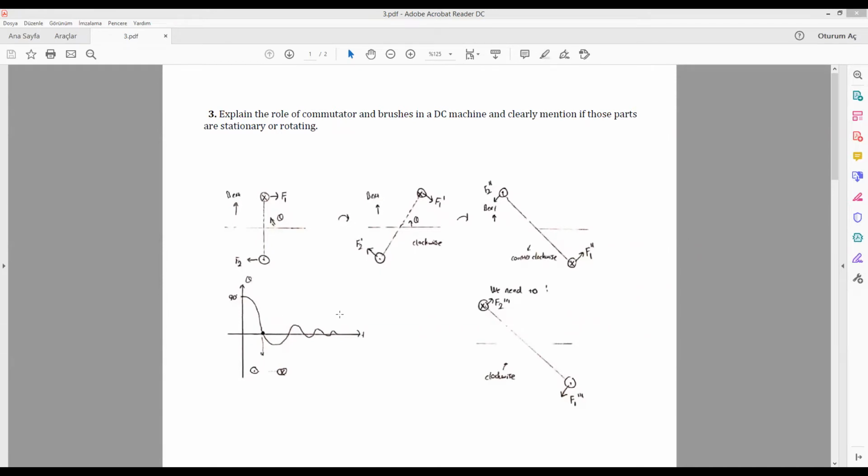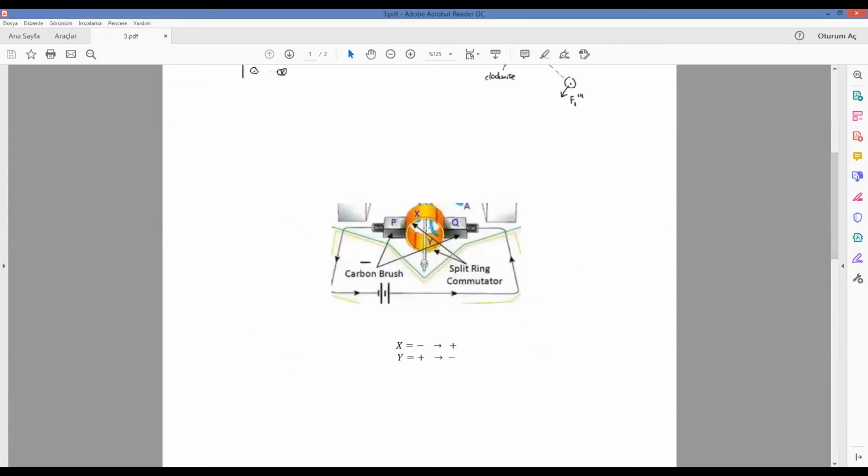To generate a continuous system, we need the brushes and commutators. In the picture, the X part of the commutator reaches the negative terminal of the brushes and the Y part touches the positive terminal. Furthermore, we have a rotating commutator. Therefore, when the commutator starts to rotate, the X part starts to touch positive and the Y part negative.